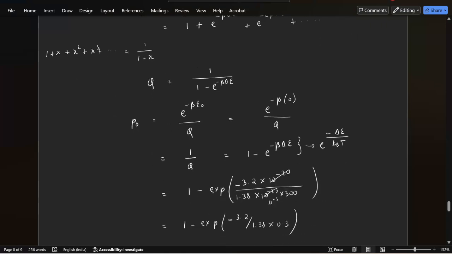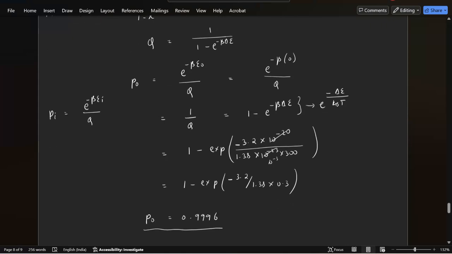So the probability of any given state is the Boltzmann weight of the energy of that state, divided by the partition function. So this is the formula: e^(-beta epsilon 0) by Q. Here, since the energy is 0, it's just going to be 1. So 1 by Q is what we have got here, which is 1 minus e^(-beta delta E), right? Do you understand this? Yes, sir.